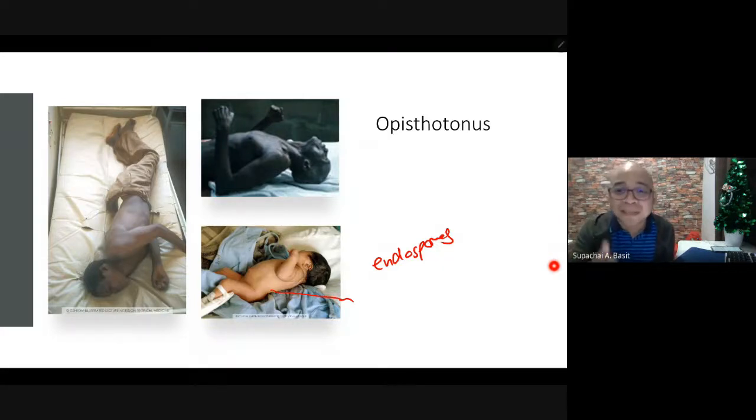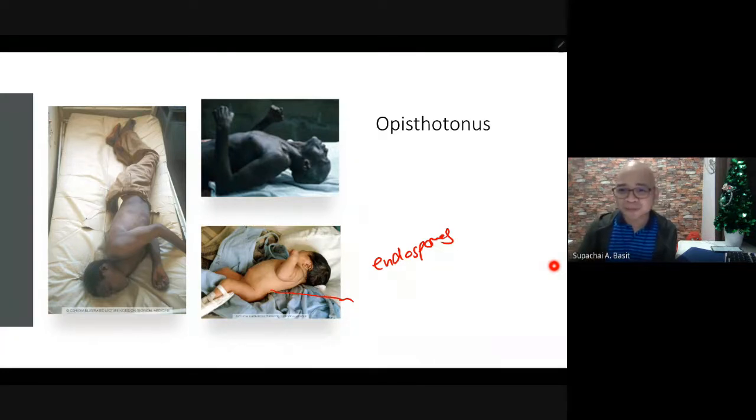Because Clostridium tetani, remember this guys, is present anywhere, everywhere, whenever there is soil. So if your wound gets contaminated with soil, there is a greater chance of being infected with Clostridium tetani.